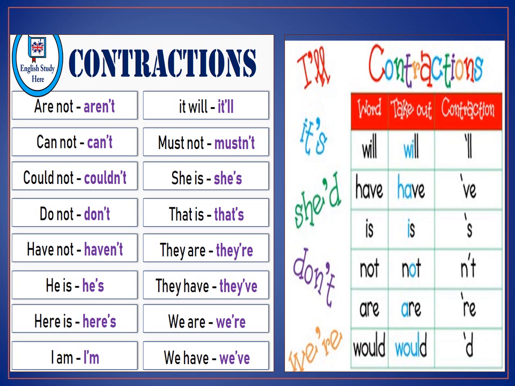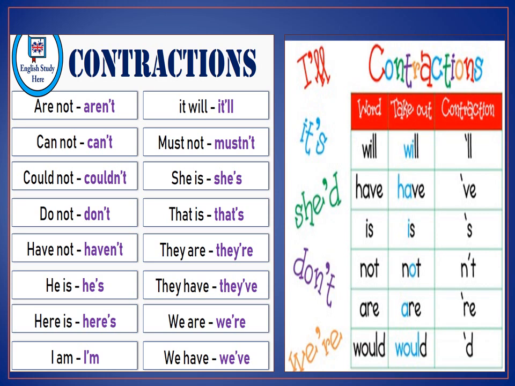He is, he's. He apostrophe S. This apostrophe is replacing I in is. Did you observe? Here is, here's. Here apostrophe S. So I is again removed. I am, I'm. I apostrophe M. So A is removed. This is how contractions are formed.